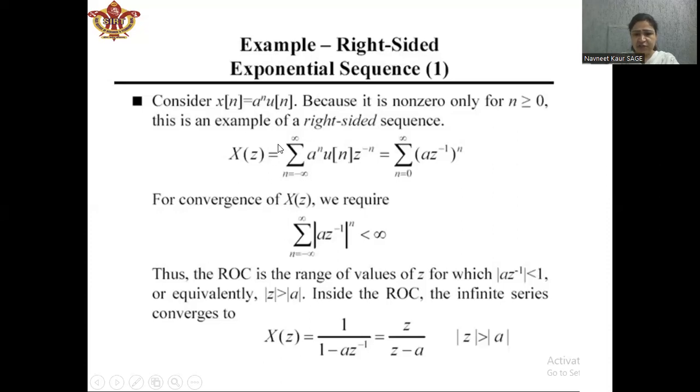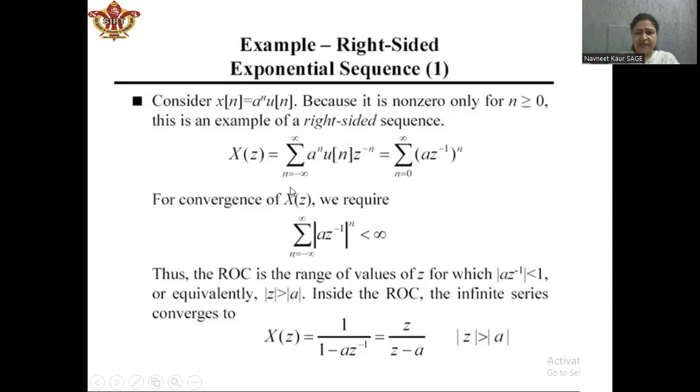Now for convergence of X(z), we require that this summation should be less than infinity. So the region of convergence is the range of values of z for which a z inverse, which is the common ratio, will be less than 1. Now, if I calculate this, it will be a by z less than 1, so z greater than a.